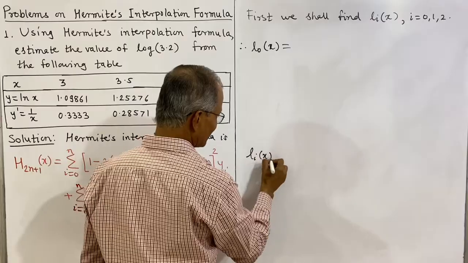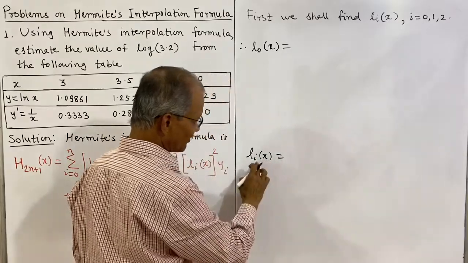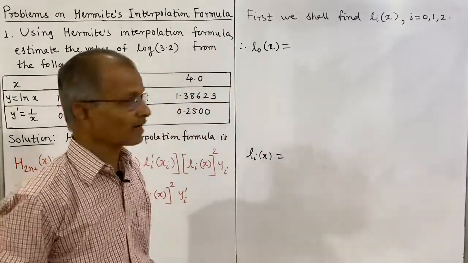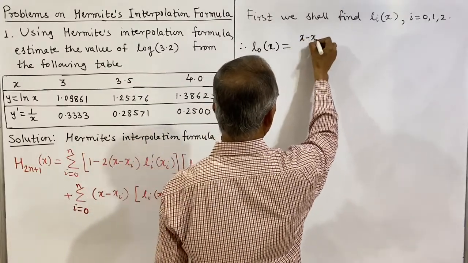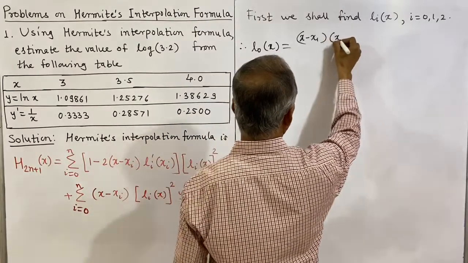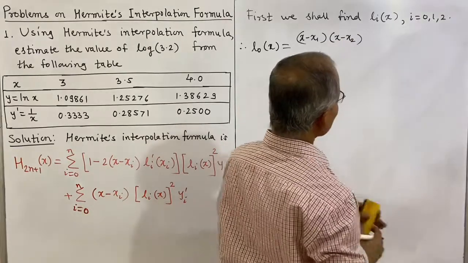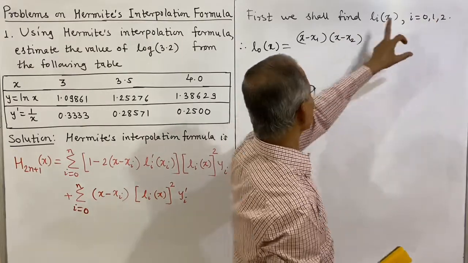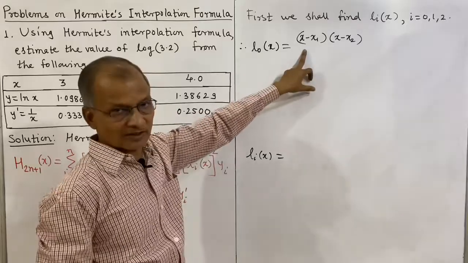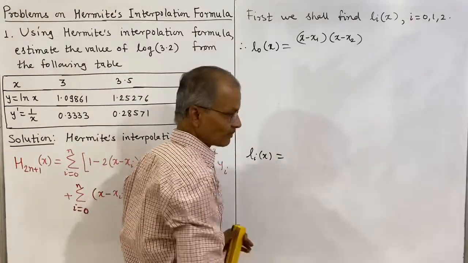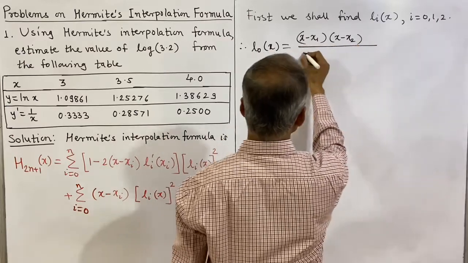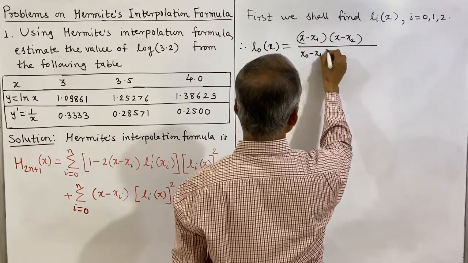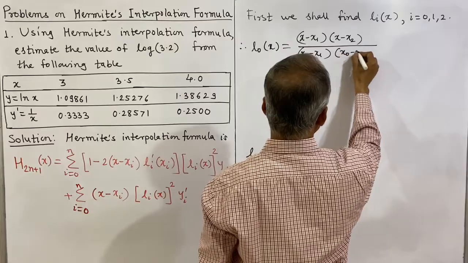Li of x means x minus x0 etc., but the x minus xi term is not there, and therefore here x minus x0 will not be there. So x minus x1, x minus x2. Here x minus x0 is not there, and in the denominator x is to be replaced by x0. So it is x0 minus x1, x0 minus x2.